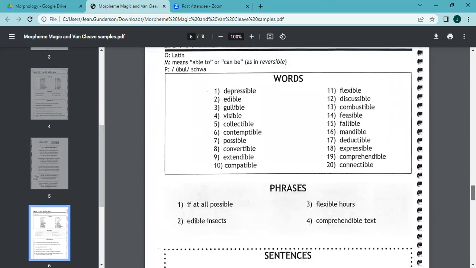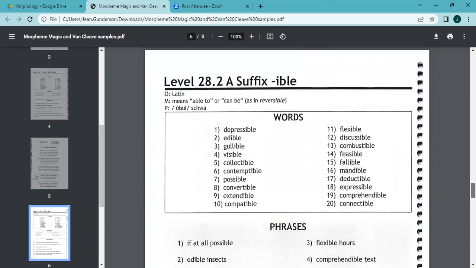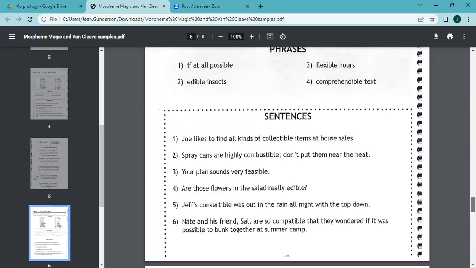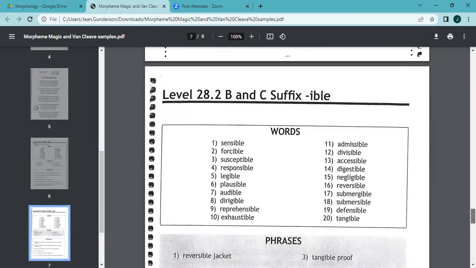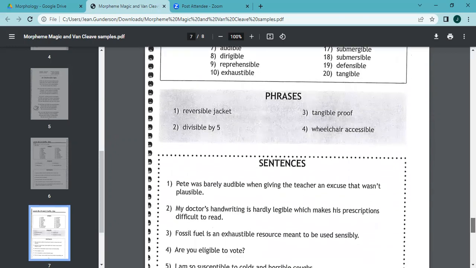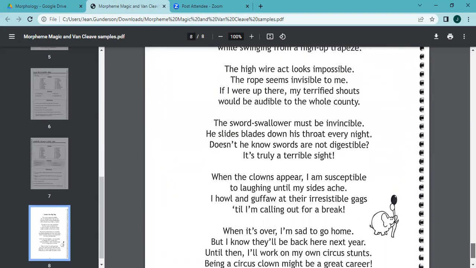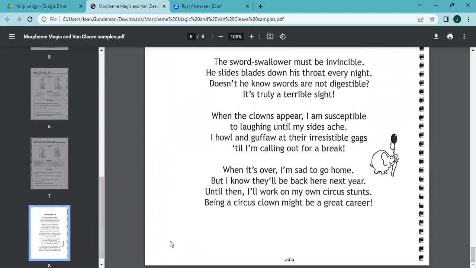And then here's IBLE, meaning the same. Now I read they have Latin in here, but I had read that one was a little bit of a different etymology than the other, and I don't remember what it was. But anyway, words, phrases, sentences, and then connected text. So that's what you would see if you got Morpheme Magic or the Van Cleve books.